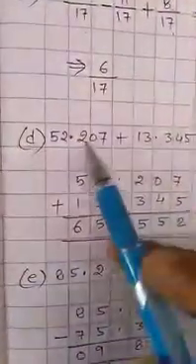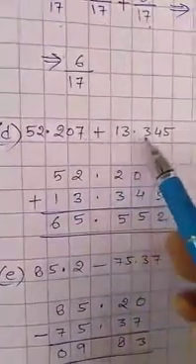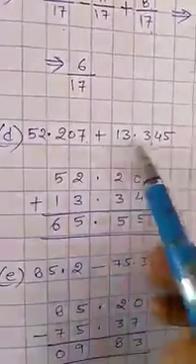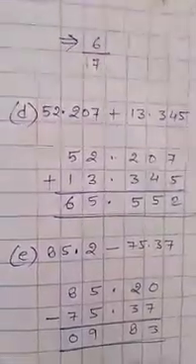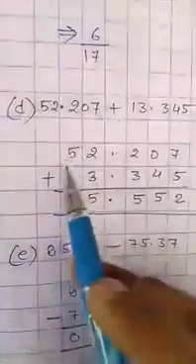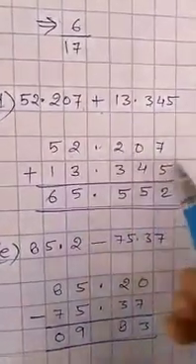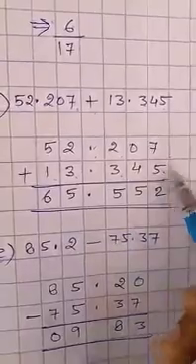Now question D: 52.207 plus 13.345. पॉइंट वाले नंबर्स में हमें ऐड करना है. We will write the points in a separate column. Then we write 52.207 and 13.345.